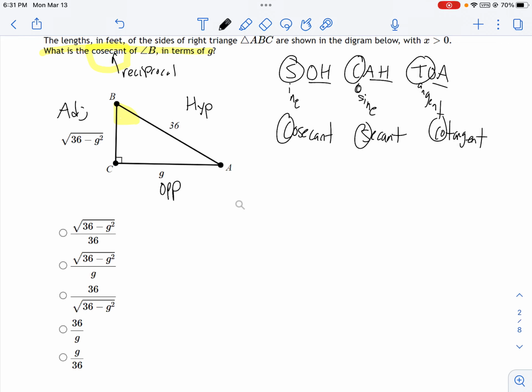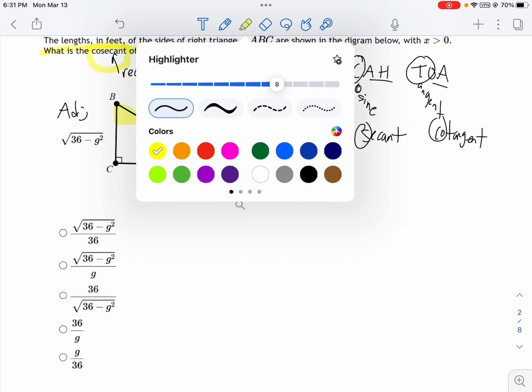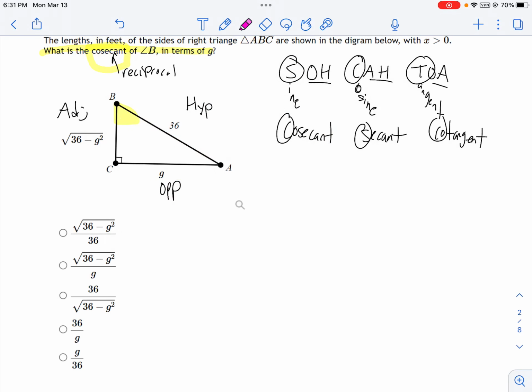So if we're looking for the cosecant of this one, then I'd say, all right, well, cosecant is the reciprocal of sine. Now, hopefully you know what reciprocal means. It just means that if you have a fraction like 1/2, the reciprocal of 1/2 would be 2 over 1. You just flip the fraction.